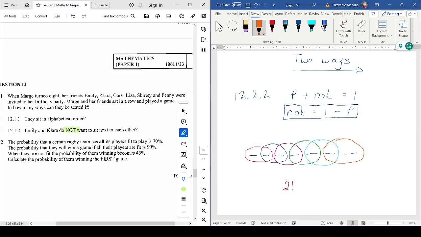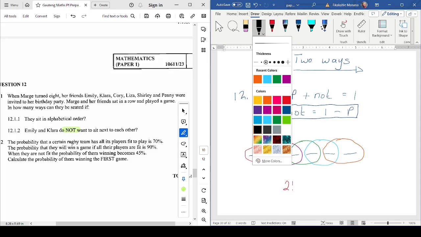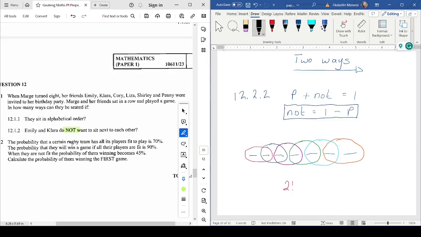So how many ways can they sit in this arrangement? This was 2 factorial for 2 ways, but how many 2-seat positions are available? There is 1, 2, 3, 4, 5, 6, and this 6 can also vary, which means it's 6 factorial.